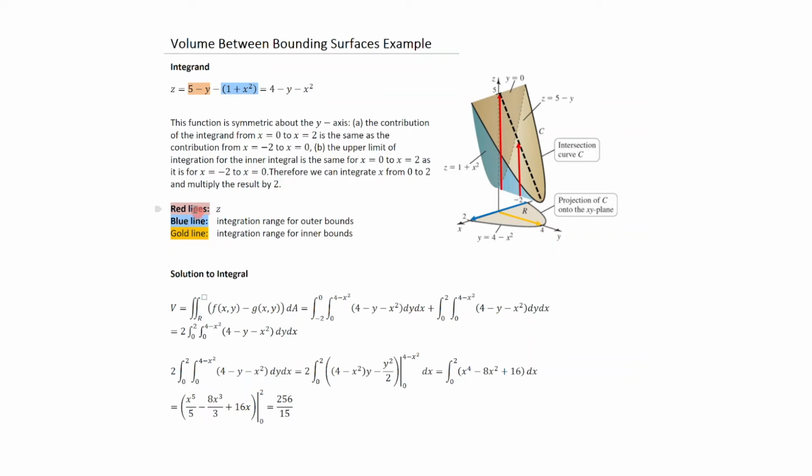So again, the red lines basically represent z, which is the difference between the two surfaces. The blue line is the integration range for the outer bounds, which is from -2 to +2, and the gold line is the integration range for the inner bounds, between this line and y equals 0. So here we basically have done the calculations. There's the height as a function of x and y. There are the bounds on y: y equals 0, y equals 4 minus x squared.